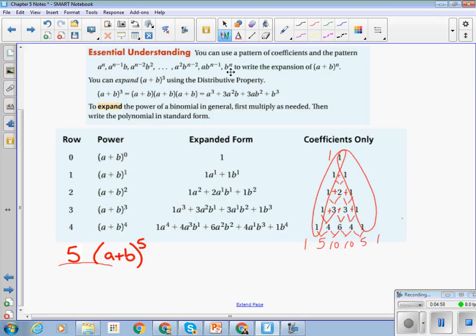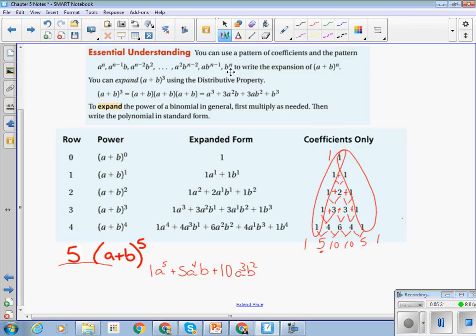So when I go to write my expanded form, it's going to be 1a to the 5th, it's the same as the highest power, plus 5, a to the, so the a bumps down 1, a to the 4th, and then the b appears, plus 10, a bumps down 1 more, and b bumps up 1.